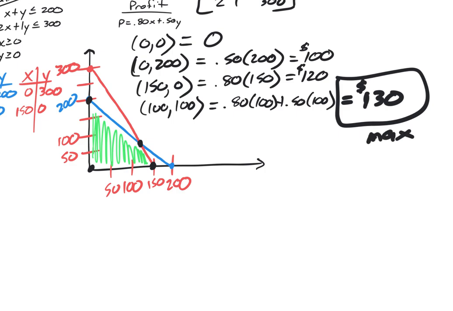And in order to get there, we'd have to make 100 of each. It doesn't seem like much of a profit, right? So it's probably not a very large company. But that's per day too, so $130 a day profit.